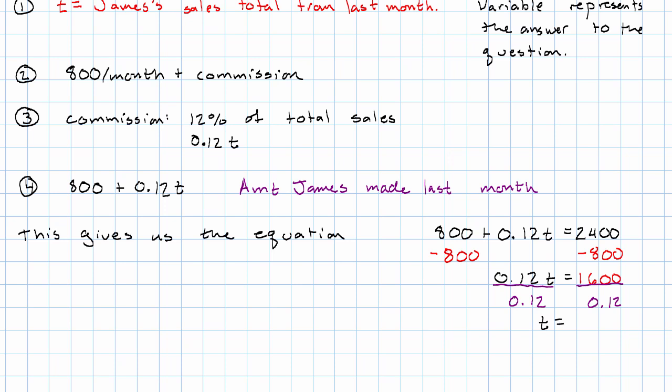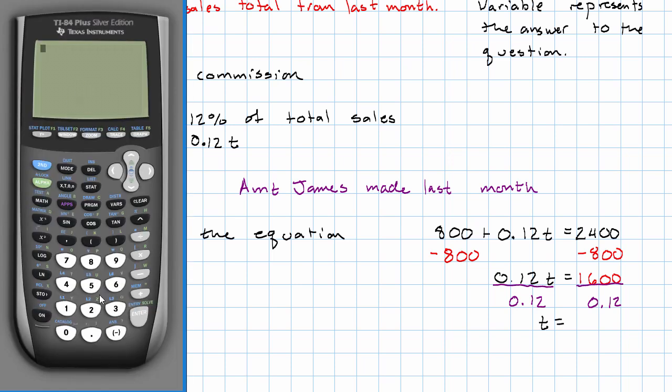And we get T is, using the calculator to help us with this division, 1,600 divided by 0.12, 13,333.3 repeating. I could convert that to a fraction on my calculator if I want, but I know it's a third.